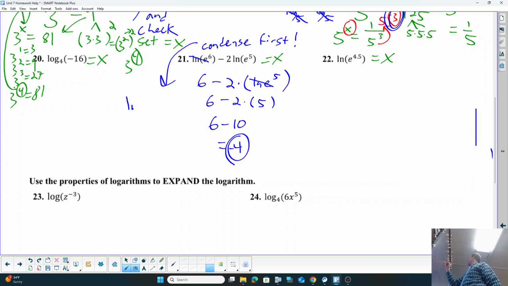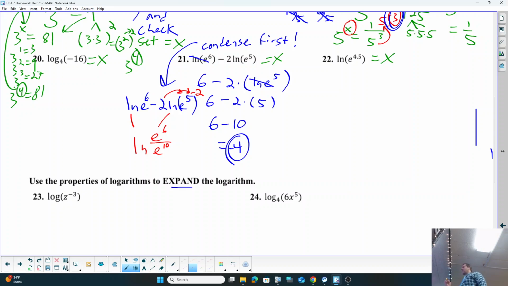Another way to do it is condense first. That would be ln of e to the 6th power minus 2 ln of e to the 5th power. This is called expanding and condensing. You bring the 2 up as an exponent, then condense the 2 ln's into 1 ln, so that's ln of e to the 6 divided by e to the 10th power.